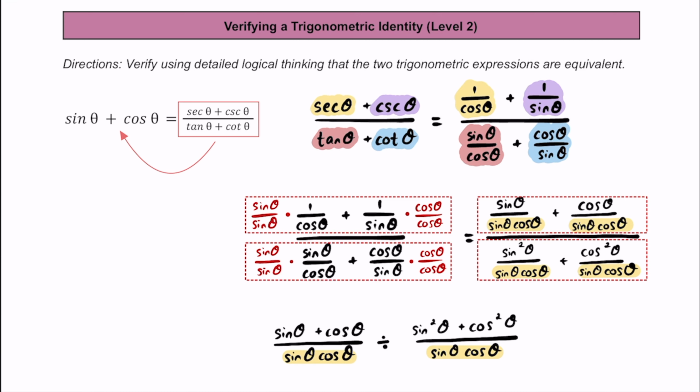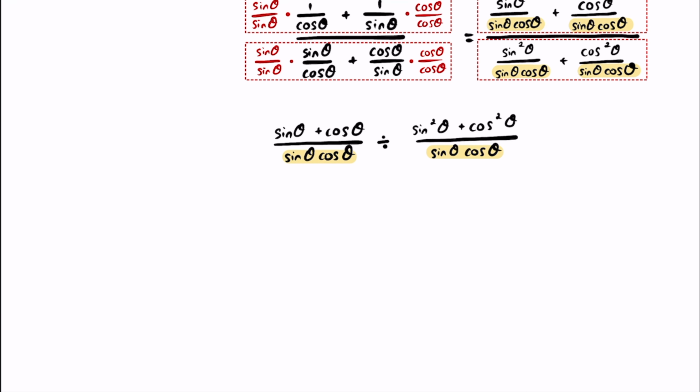Again, I was able to rewrite those two pieces together because we had common denominators of sine of theta times cosine of theta. All right, next, remember that when we are dividing fractions, we can actually multiply by the reciprocal. So what we're going to do is take this first fraction, and let's go ahead and multiply that by the reciprocal of the second fraction. Okay, so let's put that sine of theta cosine of theta up in the numerator. And I'm going to keep this highlighted so you can see what's going to happen in just a moment.